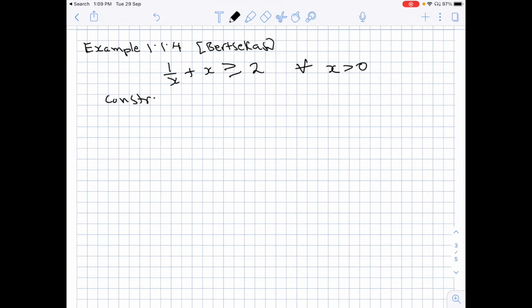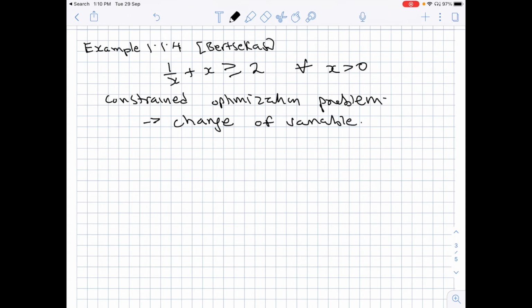Because you have a constraint that x should be strictly greater than 0. But in many of these problems, there is a trick called the change of variables, which you can play and convert it to an unconstrained optimization problem.